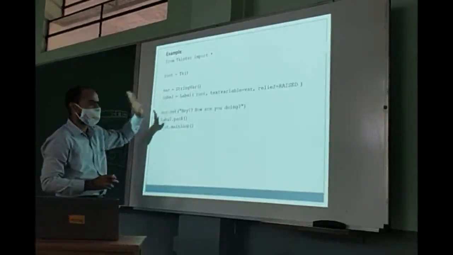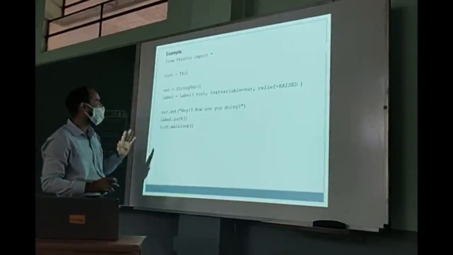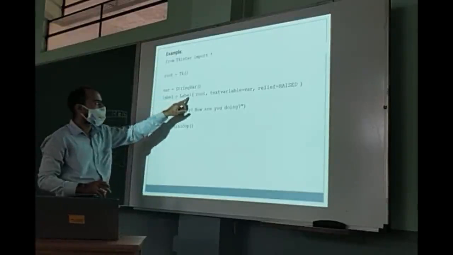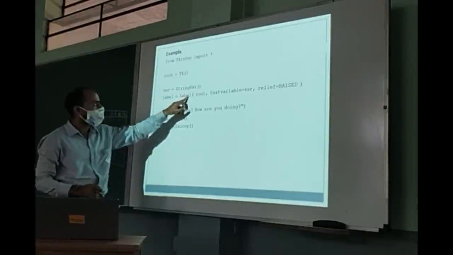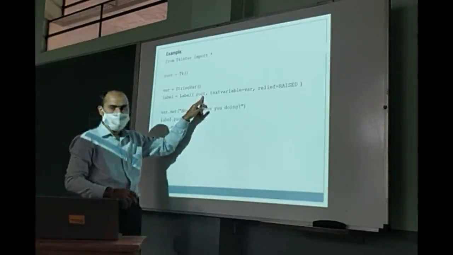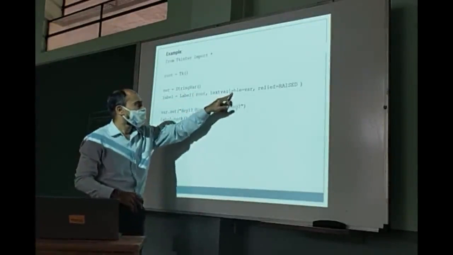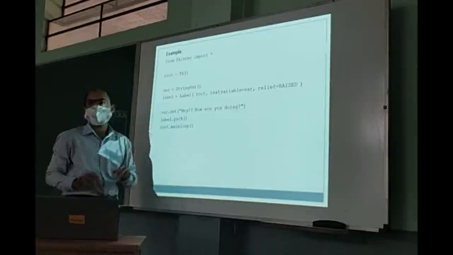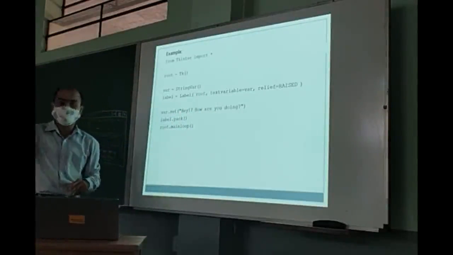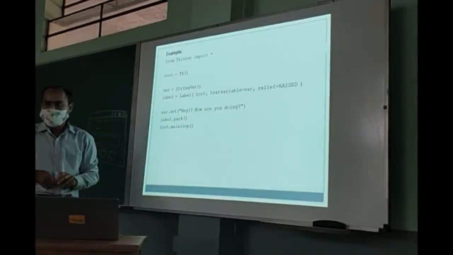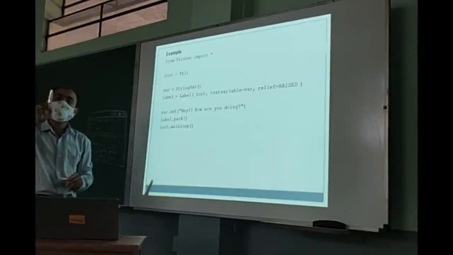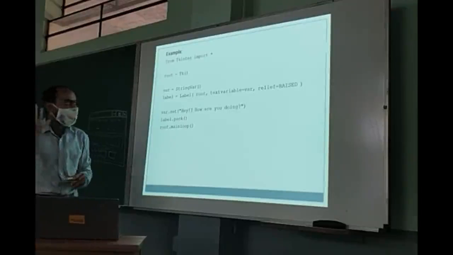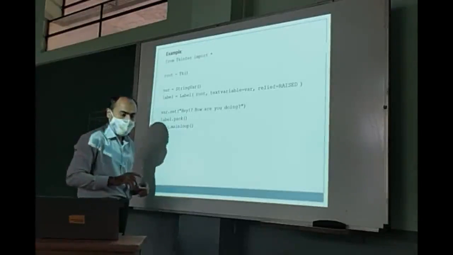Okay, so var is the variable name that is created. Here is the label name, and the label's parent. Then the label will be associated with the variable. I can assign a variable to one label. How is that variable useful?